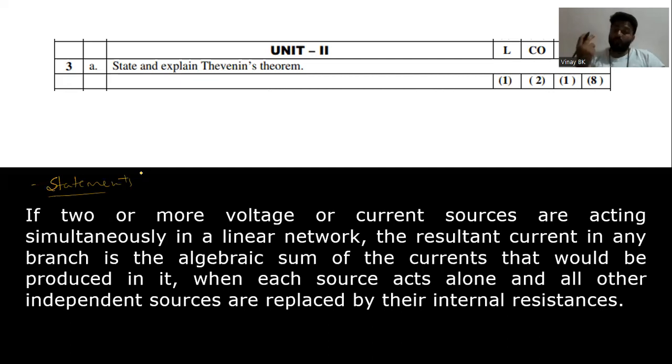Suppose two or more voltage or current sources are acting simultaneously in a linear network. You need to find either the current or the voltage in any branch, which is the algebraic sum of the currents or voltages that would be produced in it or across it when each source acts alone and all the independent sources are replaced by their internal resistances.